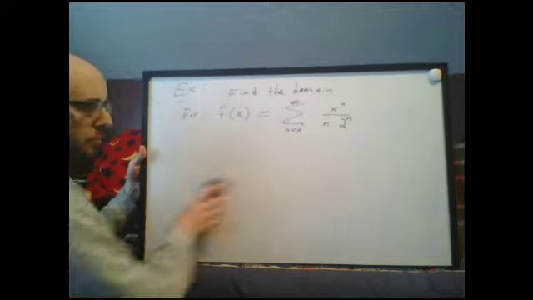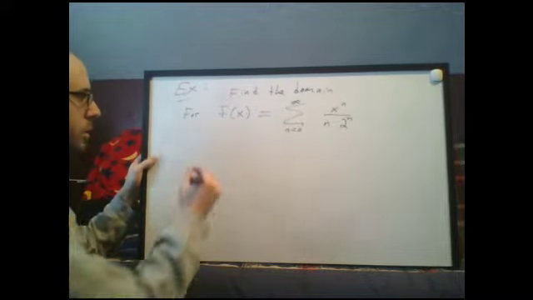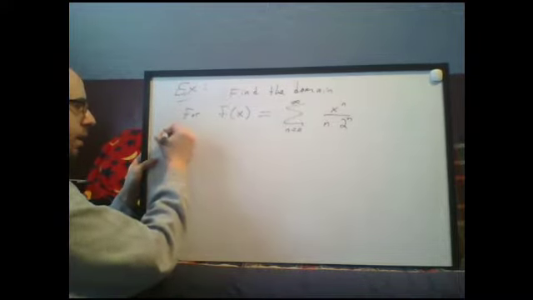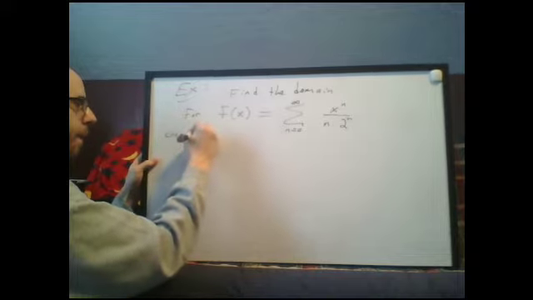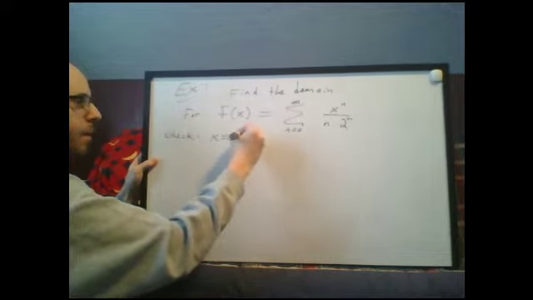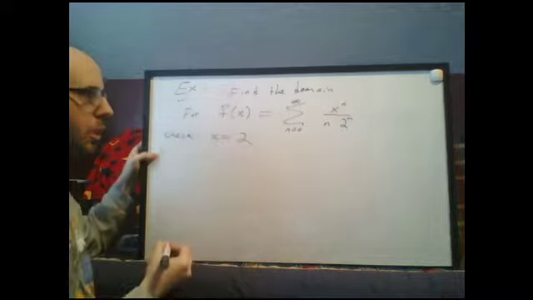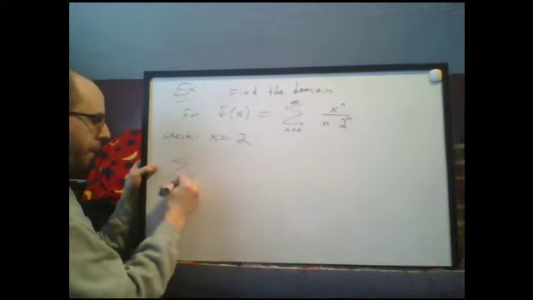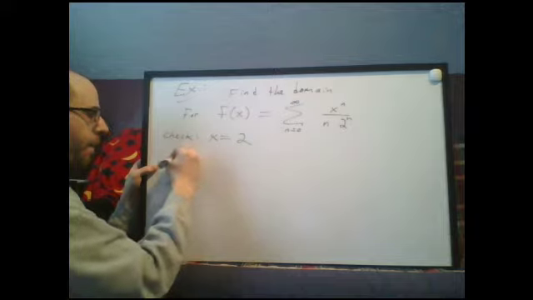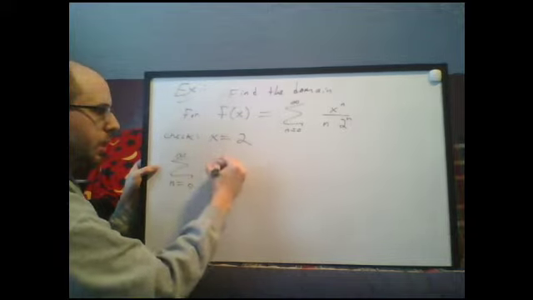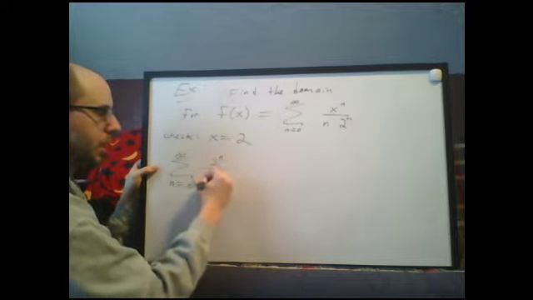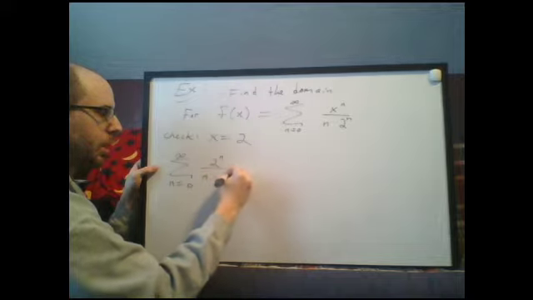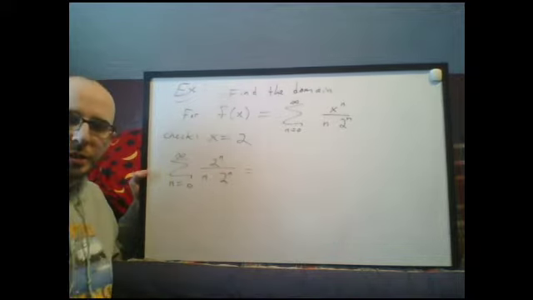Okay, so we want to check if x equals 2, then my series would become 2 to the n divided by n times 2 to the n. So then you simplify that.